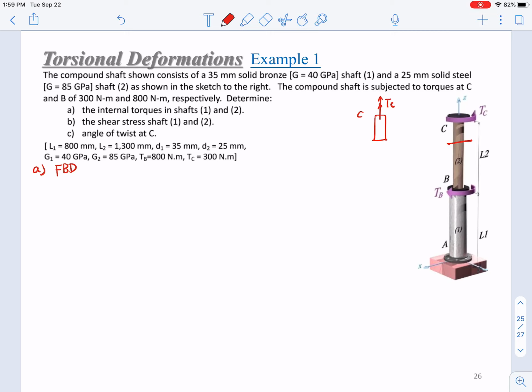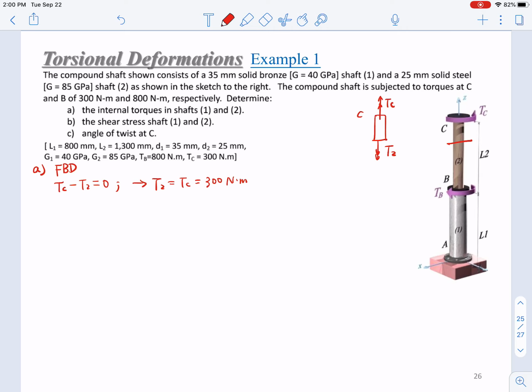Then we add the internal torque T2 outward. From here we can write an equation: TC minus T2 equals 0. So T2 equals TC, which equals 300 Newton meter.